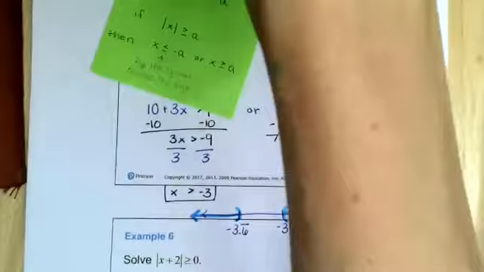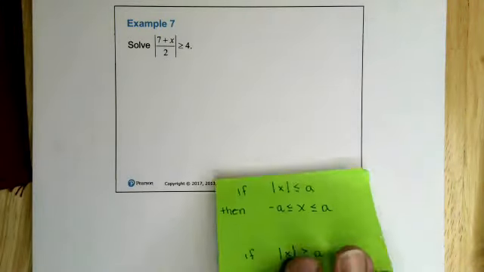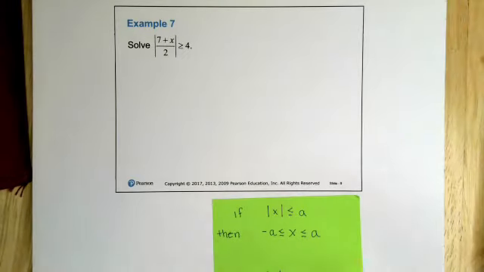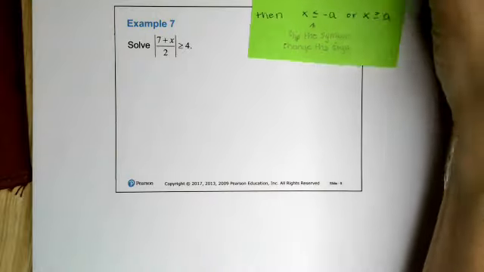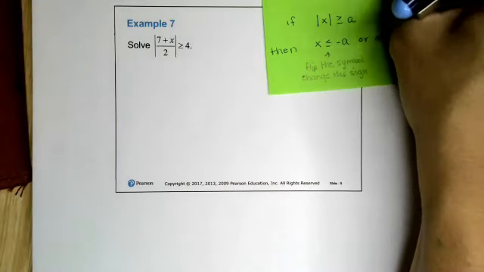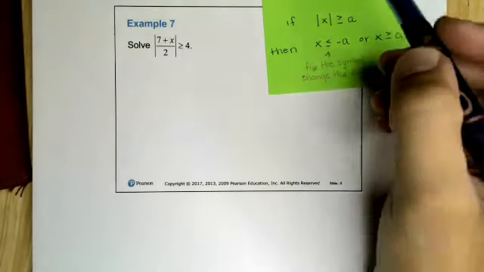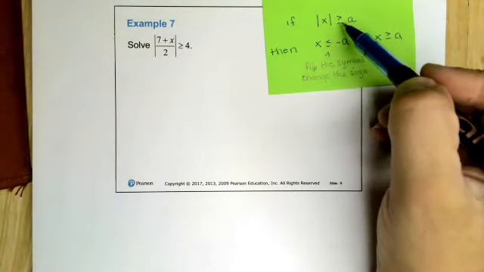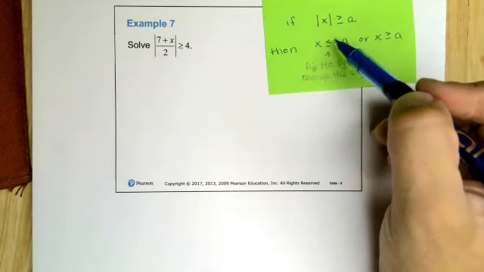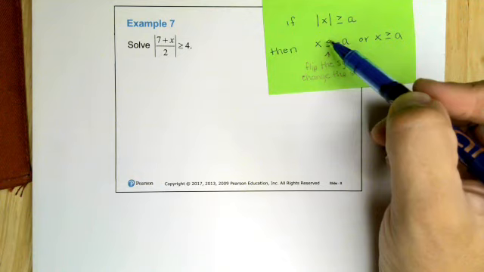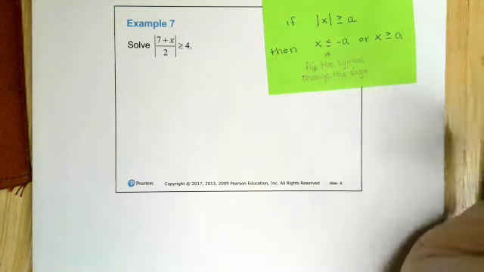And we're on to our final example. Example 7. If the absolute value of x is greater than or equal to a, then take that, set it less than or equal to -a, and then set it greater than or equal to a.